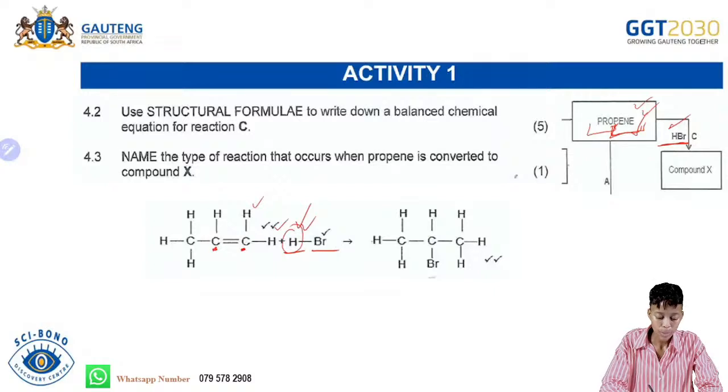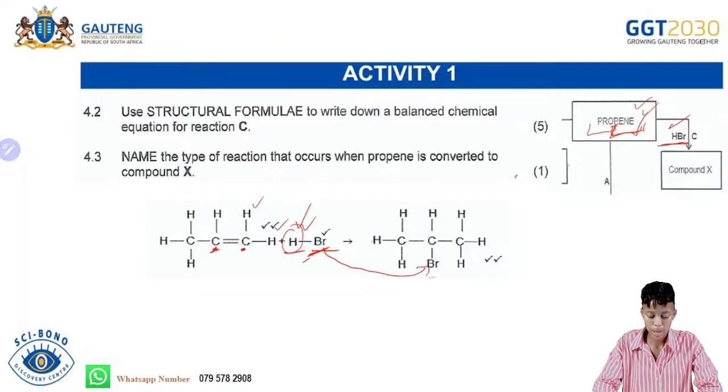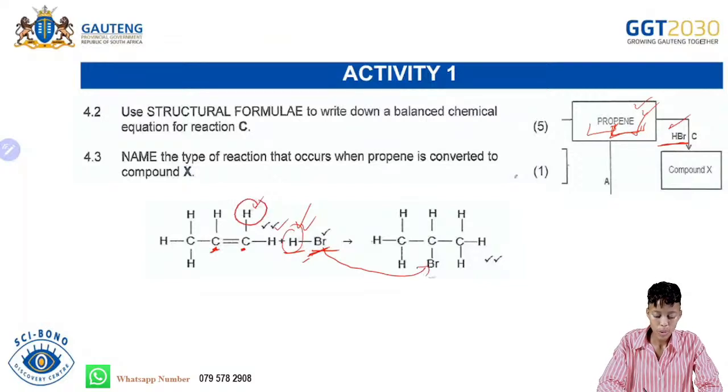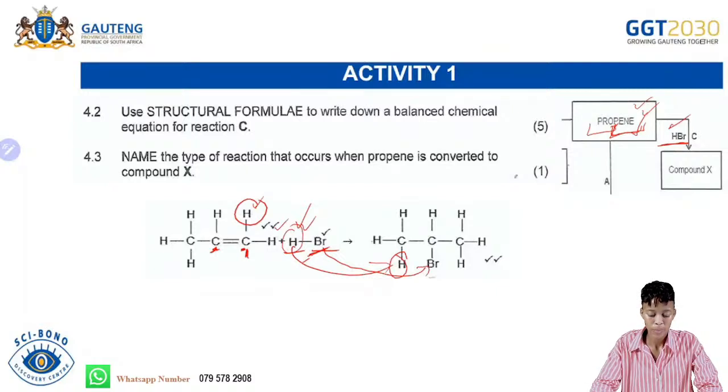And then the carbon with the least will be getting the halogen. So that is why your bromine will be added on carbon number 2, and your hydrogen will be added on carbon number 1.